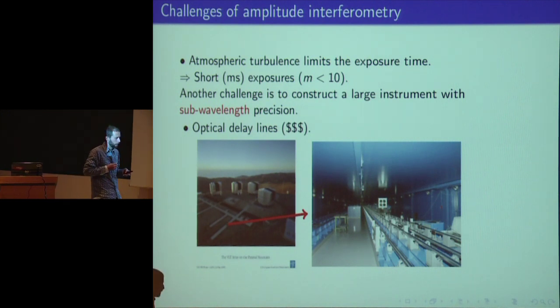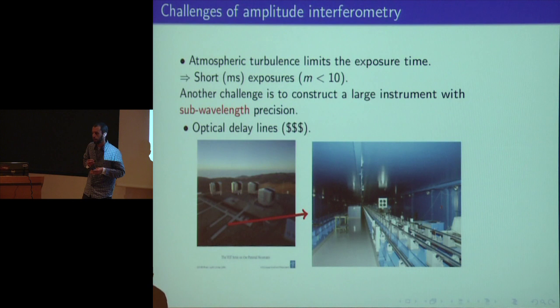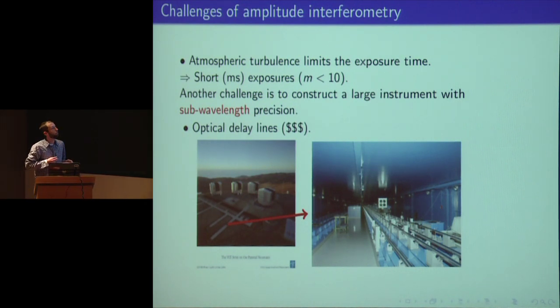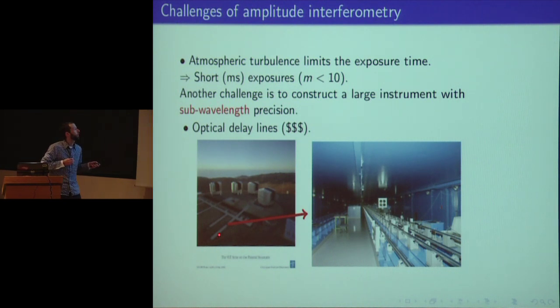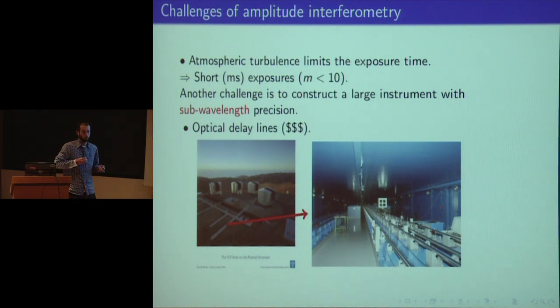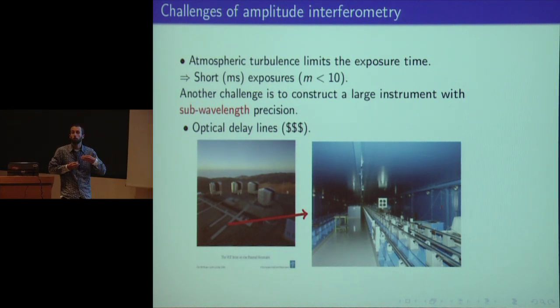Another important challenge that I should mention is that current amplitude interferometers require delay lines. This is a picture of the VLTI in Chile. And these rail-looking structures here are actually tunnels that contain the long delay lines, which are essentially like optical trombones.